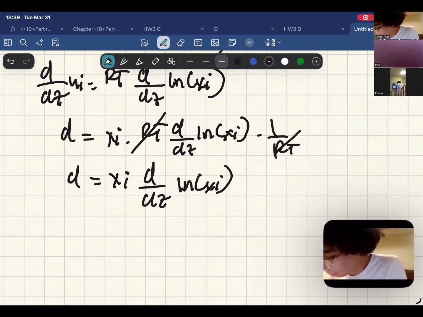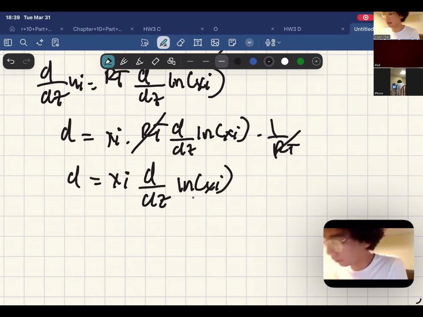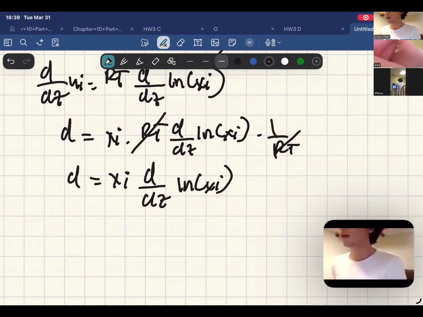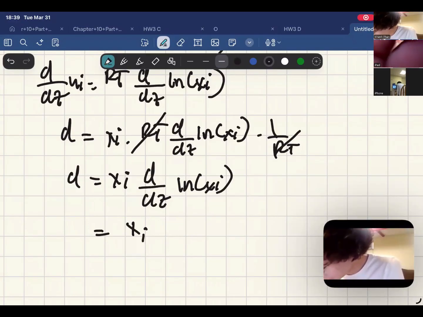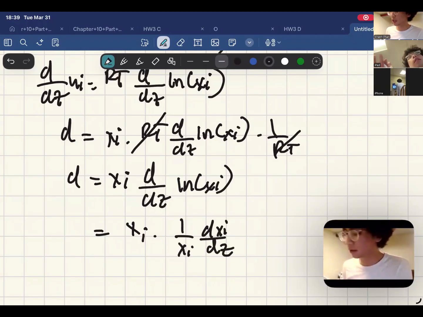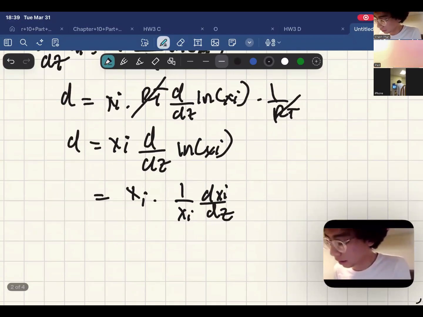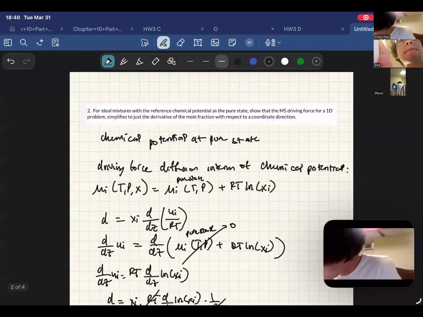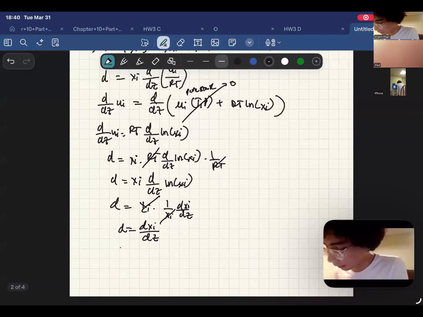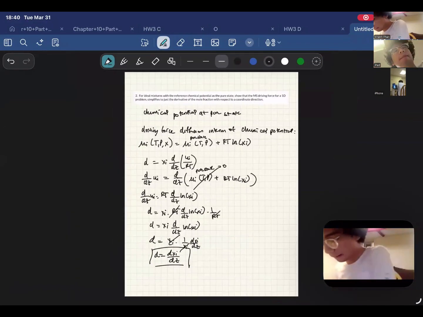And we know the derivative of ln x_i with respect to z is 1 over x_i times dx_i/dz. So x_i times 1 over x_i cancels out, and now the driving force is only dx_i over dz. So that's the simplification.